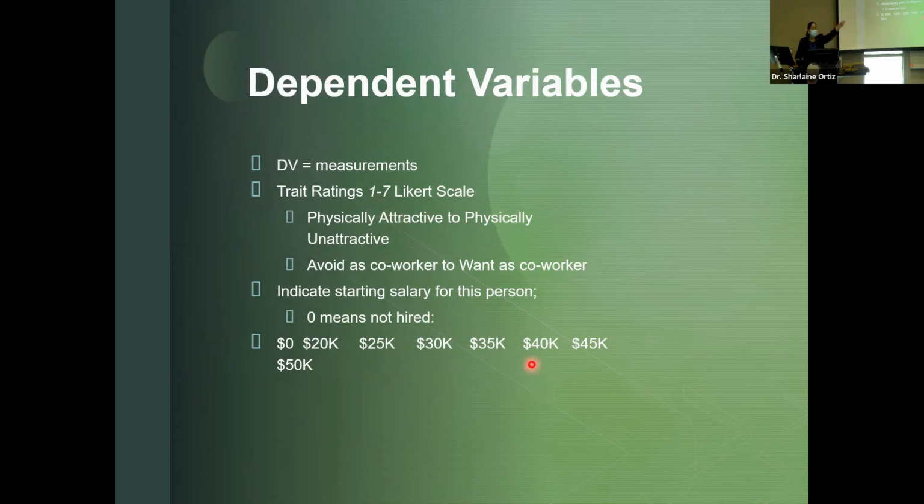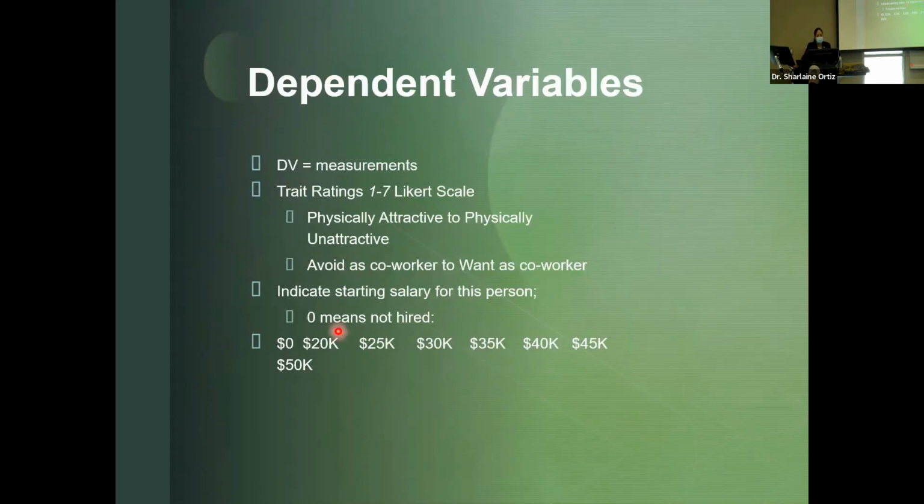Let's look at our second dependent variable because recall we got 3. It is a multifactorial design. So let's look at our second dependent variable. We are thinking about is determining the salary, the starting salary of that person.